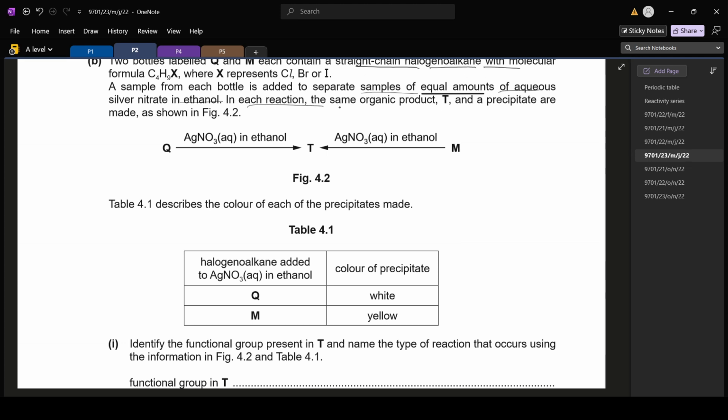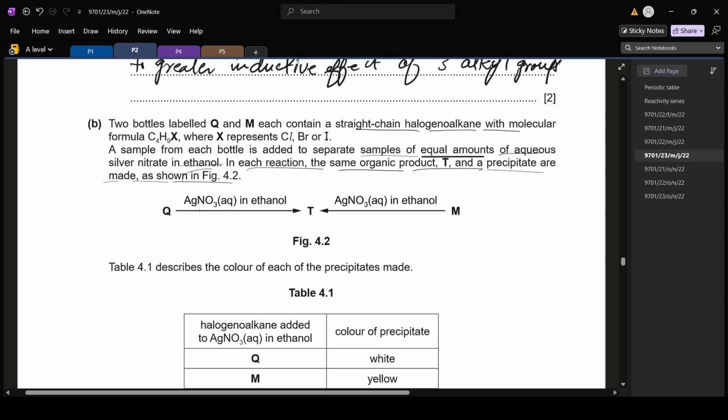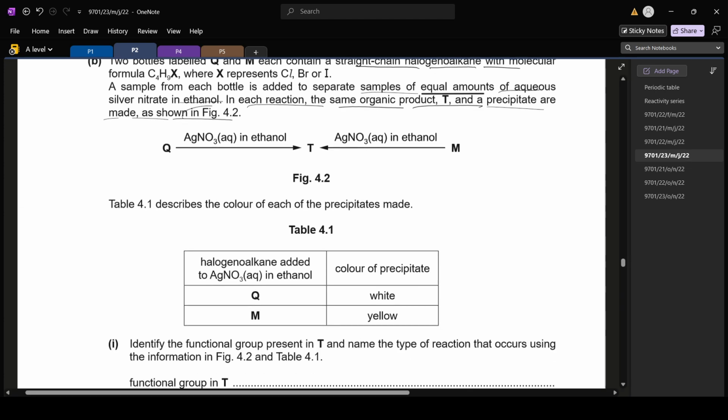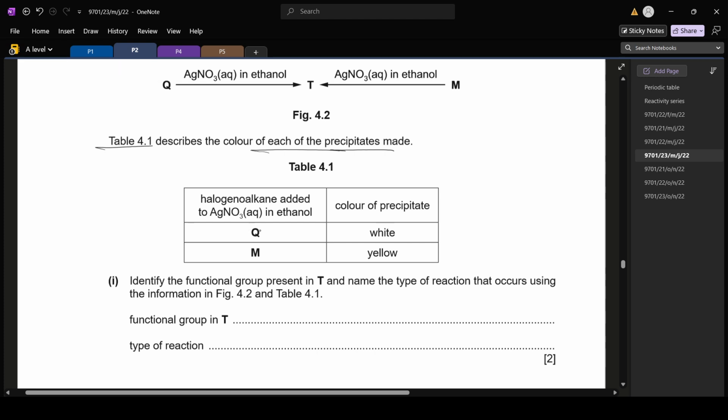In each reaction, the same organic product T and a precipitate are made, as shown in figure 4.2. Q and M are both reacted with silver nitrate in ethanol, so they form T and a precipitate. Table 4.1 describes the color of each precipitate that is made. When Q is reacted, a white precipitate is formed, and there is a yellow precipitate with M.